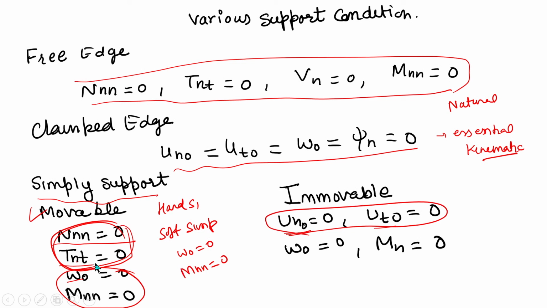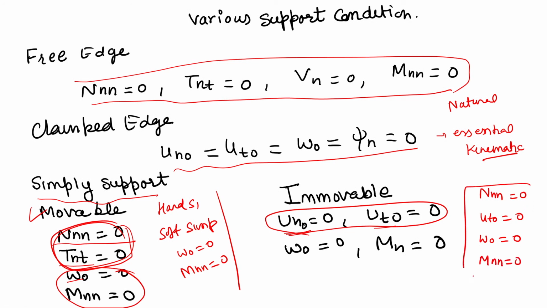If instead of Tnt, let us say another setup, that Nn is 0, that is final. Instead of Tnt, I said that u2 is 0, then w is 0, then Mnn is 0.